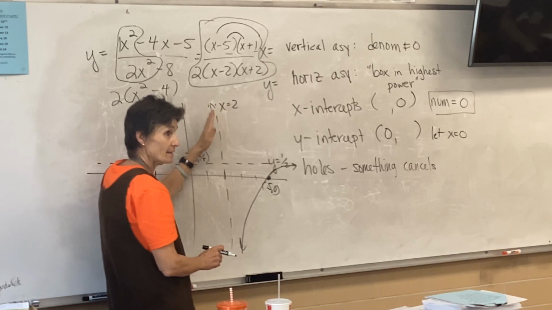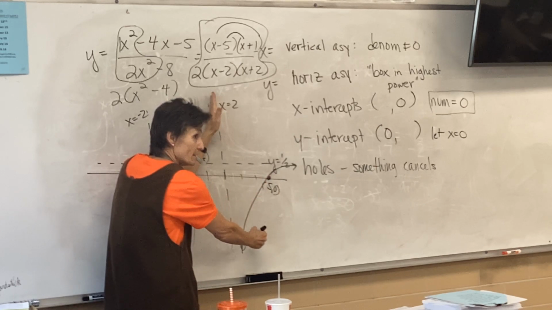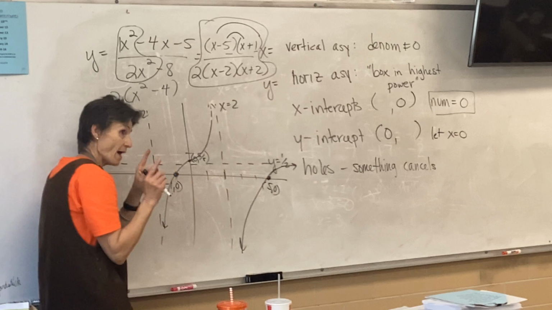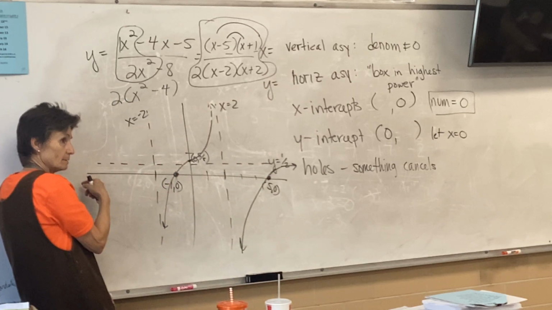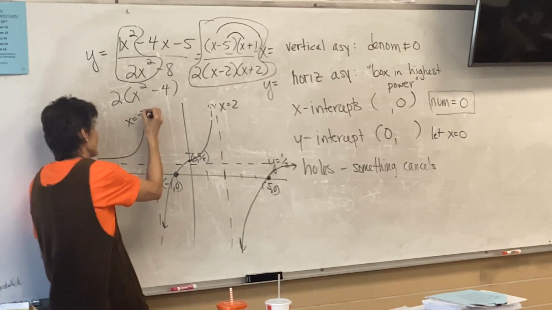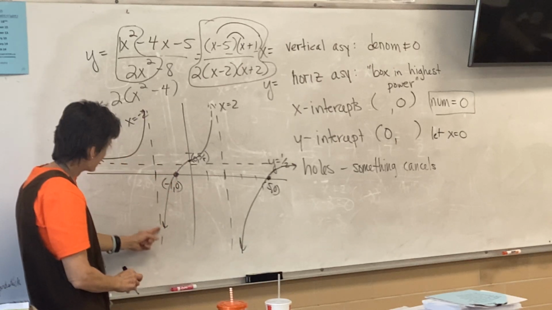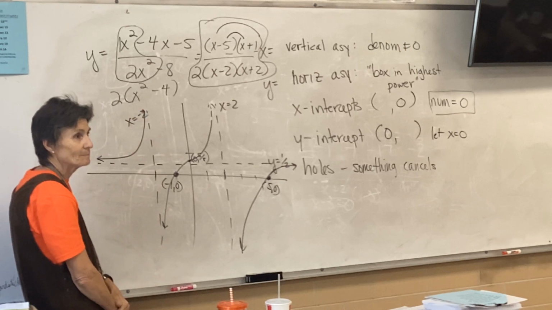Remember what I said? If it goes up on the left side, it's gonna go down on the right side of this asymptote. Okay, so with that in mind, what do you think's happening over here? It's right there. Because it's going down on this side, so it has to go up on that side.